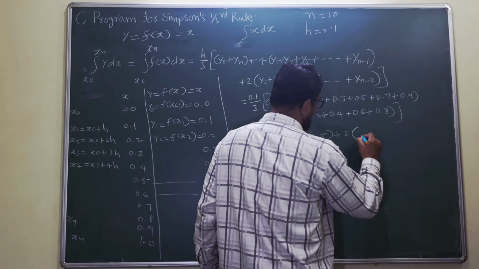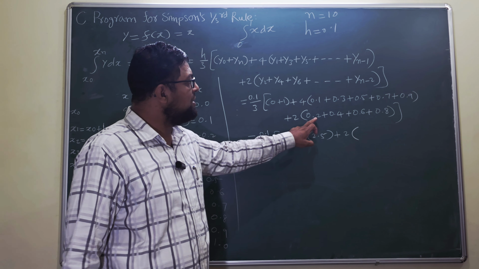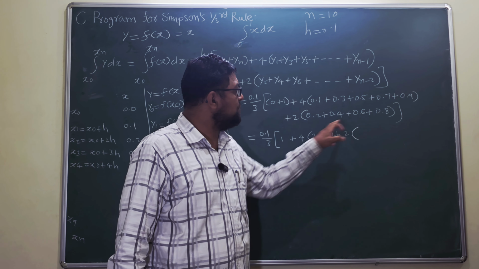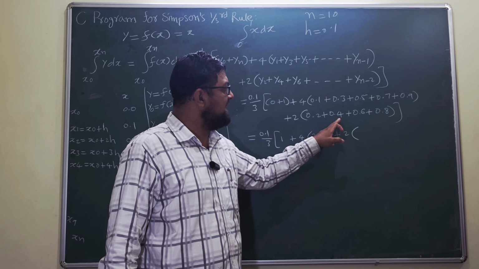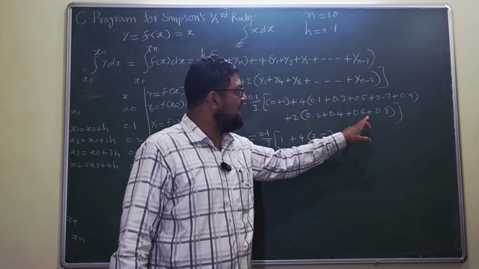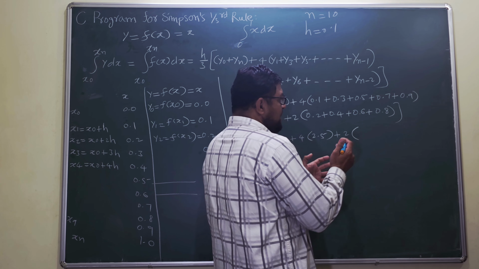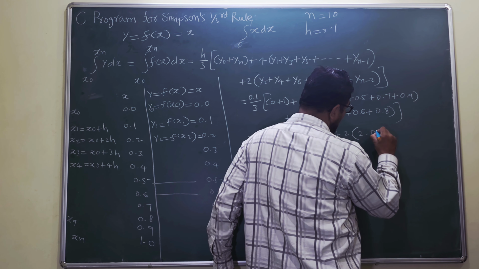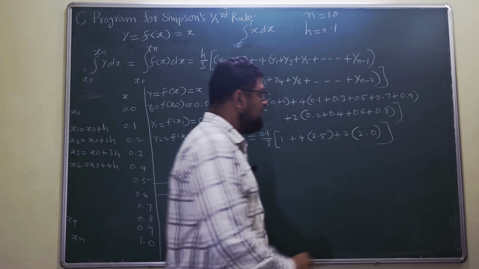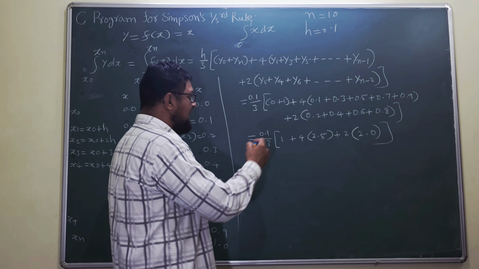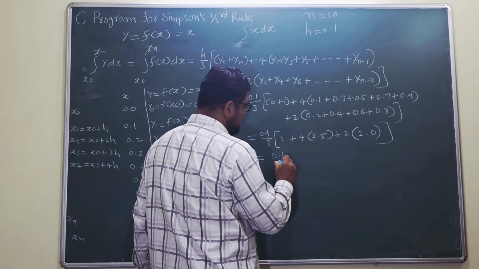Plus 2 times 0.2 plus 0.4 plus 0.6 plus 0.8: 2 plus 4 is 6, plus 6 is 12, and plus 8 is 20, so it will be 2.0.